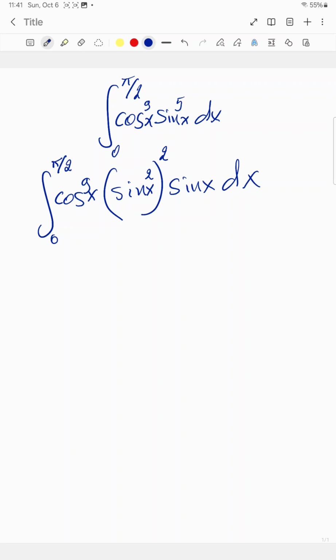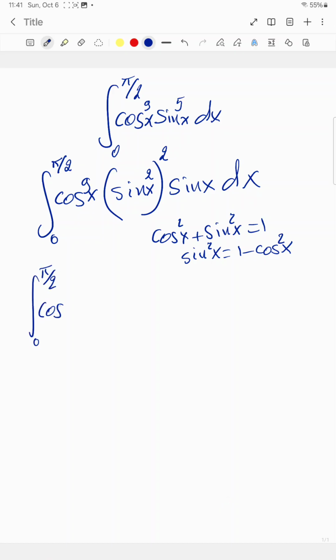But I know there is a formula that says cos squared x plus sine squared x equals 1. So sine squared x is equal to 1 minus cos squared x. I will replace sine squared x by 1 minus cos squared x. So my integral becomes the integral from 0 to pi over 2 of cos to the power of 9 of x, times 1 minus cos squared of x, all to the power of 2, times sine of x dx.